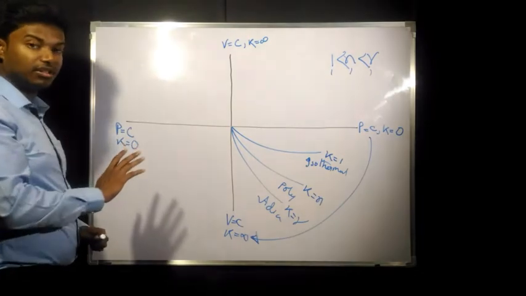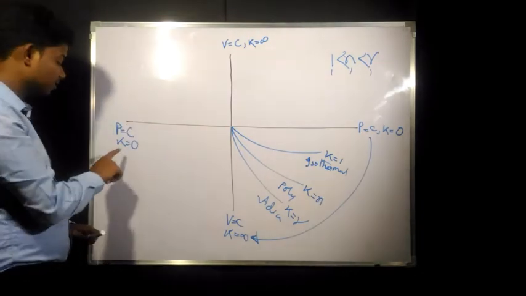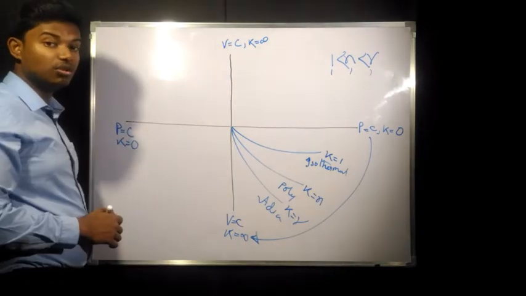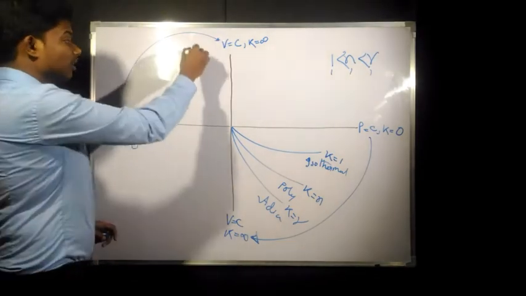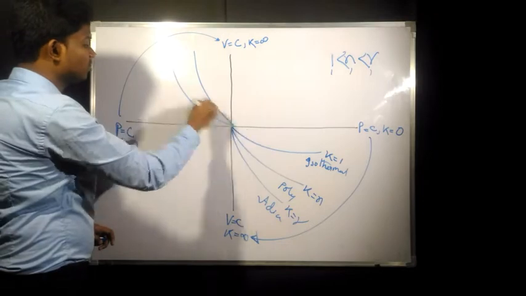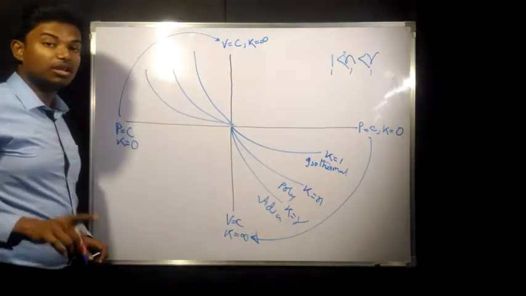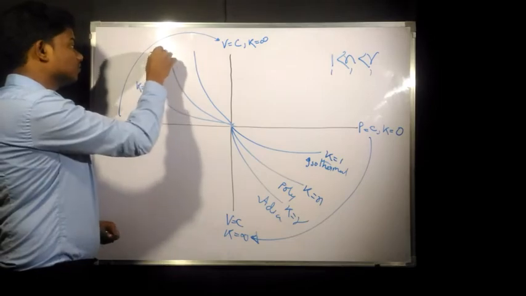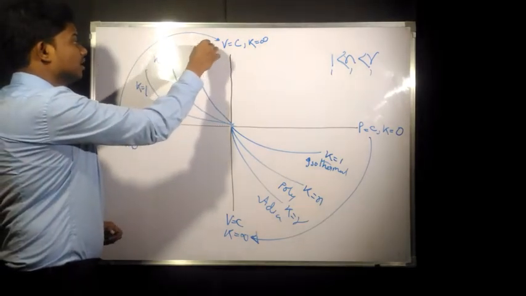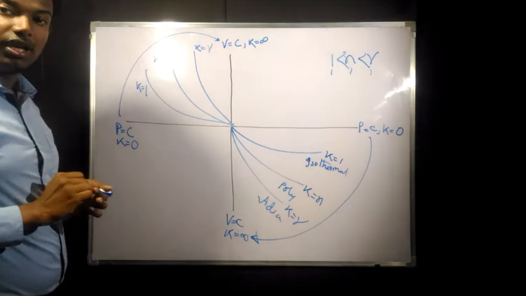Similarly, on this side of the board, we can say that here K is equal to 0, and here K is equal to infinity. So K is increasing in this way. Again, if we draw the three processes, isothermal, polytropic, and adiabatic, this will be K equals 1, this will be K equals n, and this is K equals gamma.